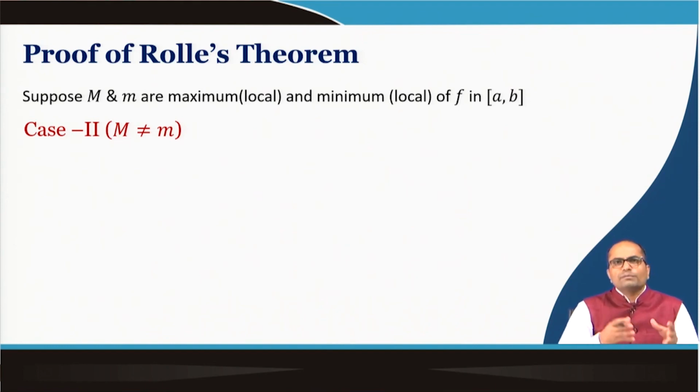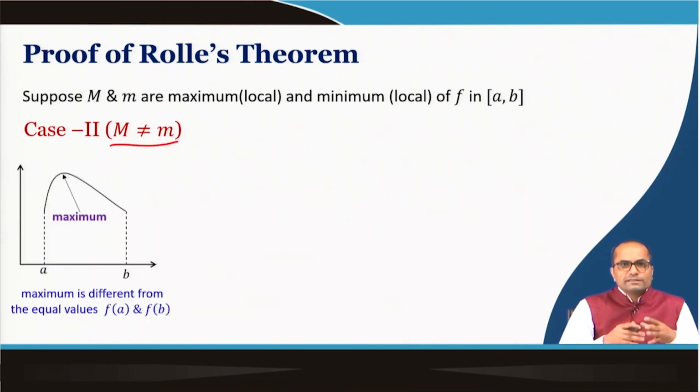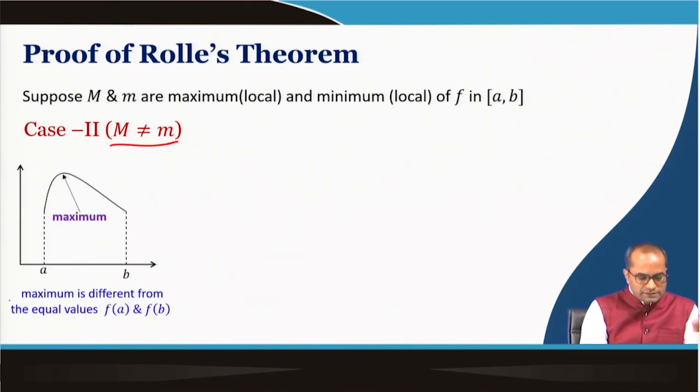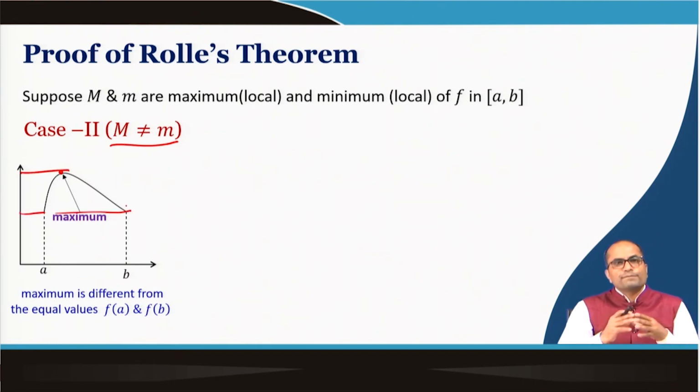In this case we assume that this big M is not equal to small m, and the situation may be that this maximum value, the local maximum value here for instance, is different from the equal value of the function, f a and f b.